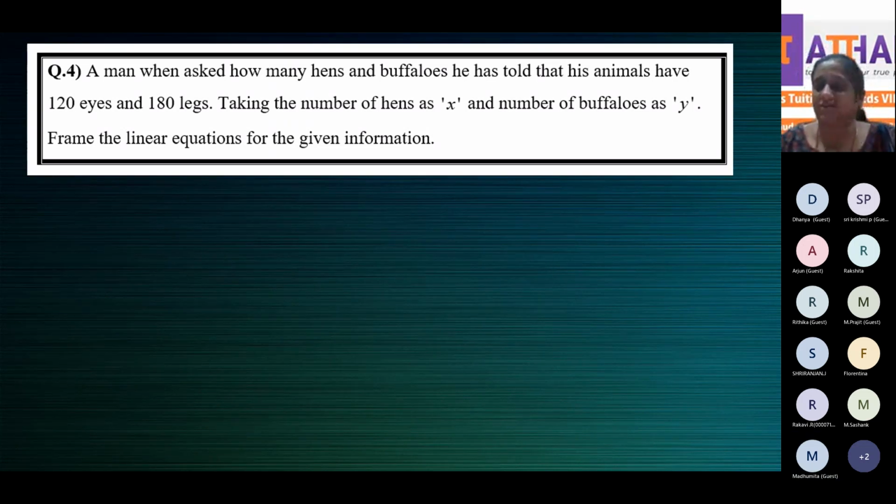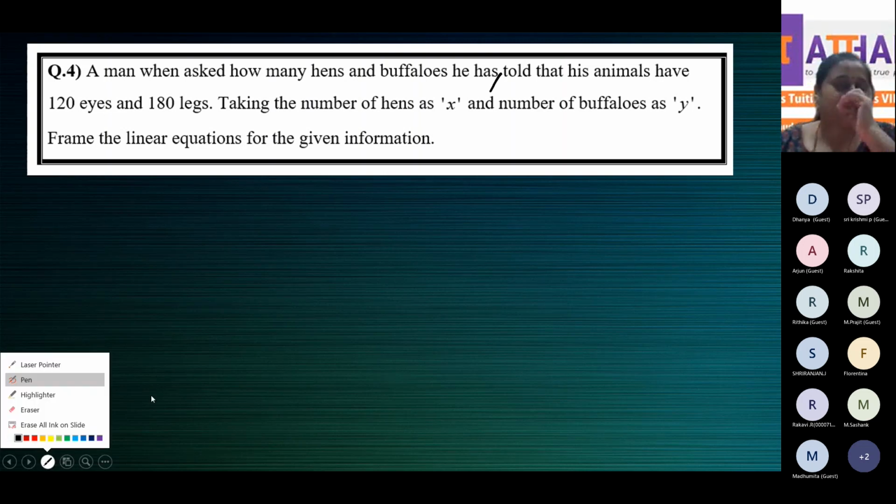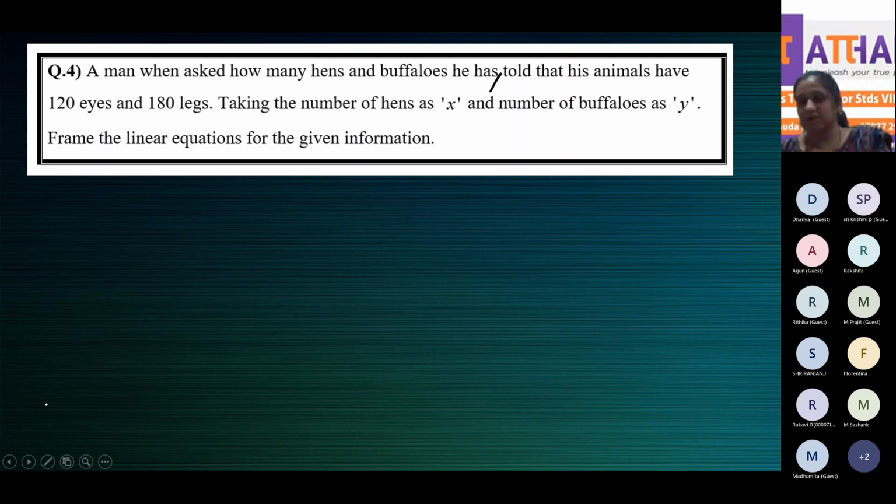A man, when asked how many hens and buffaloes he has, he has told that his animals have 120 eyes and 180 legs. Yes, with a comma it makes sense. Take the question and frame the equations.